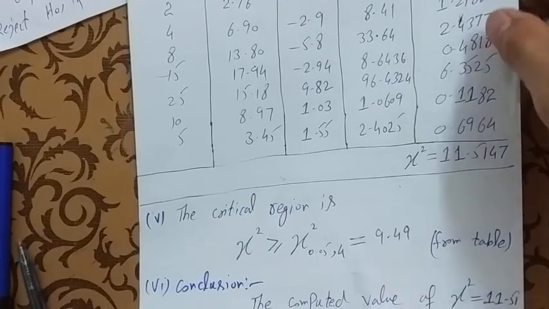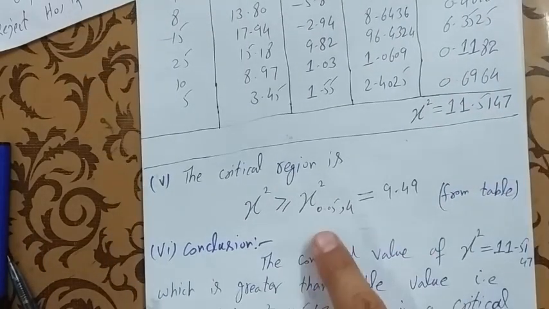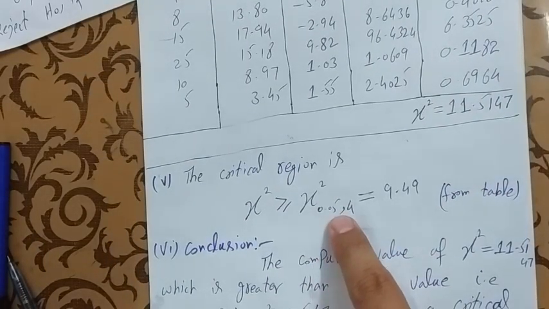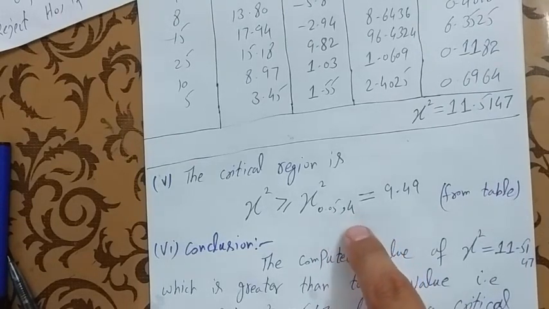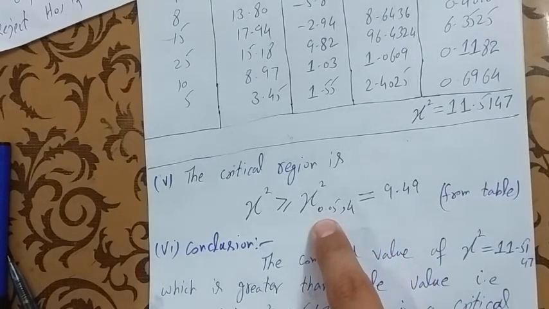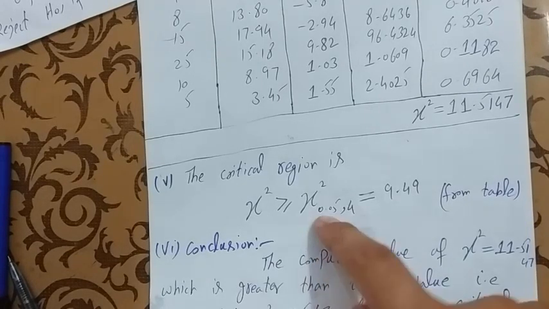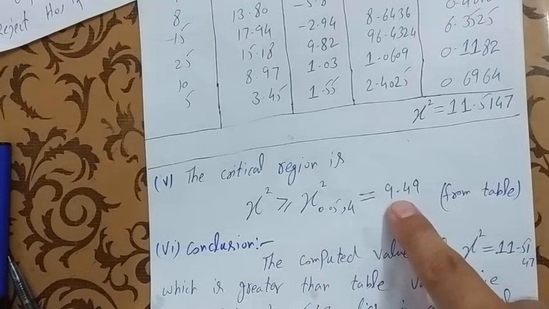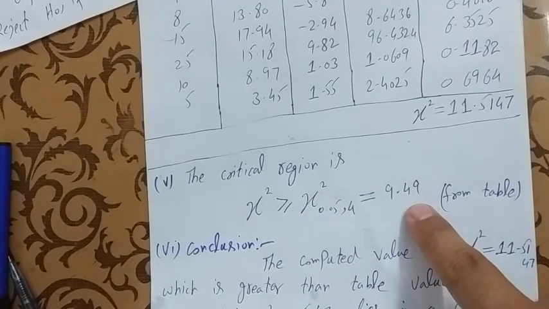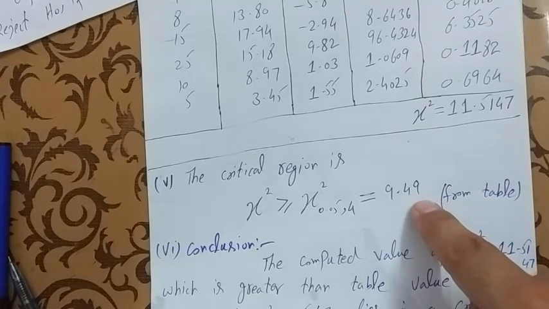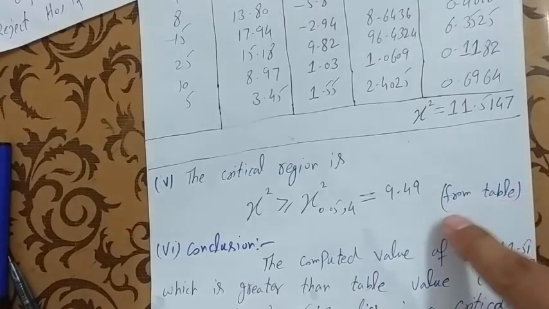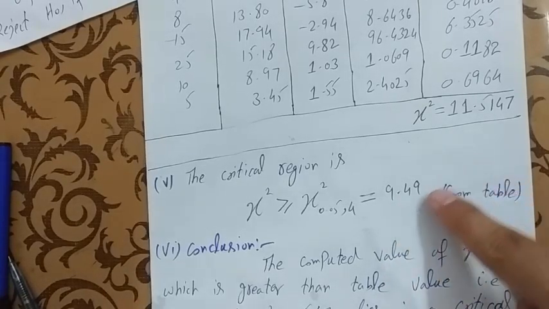So in the fifth step, the critical region: this is the critical region, 0.05 is the level, and this is the degree of freedom. We look at the chi-square table and see that the value is 9.49.